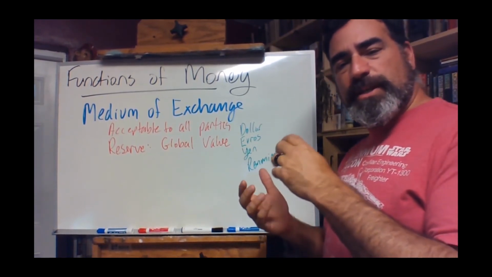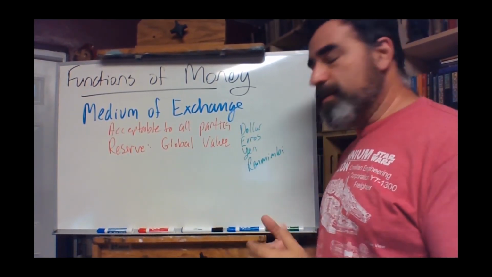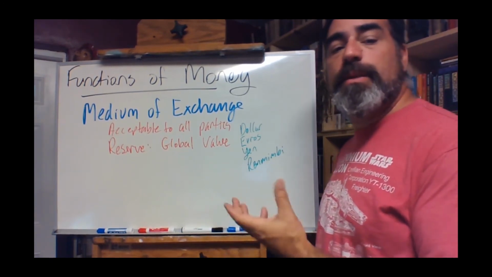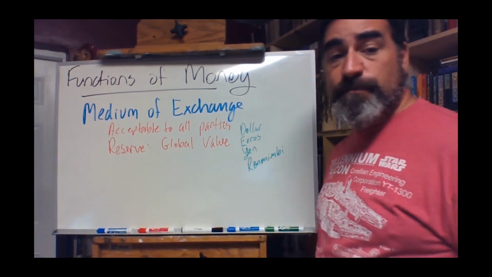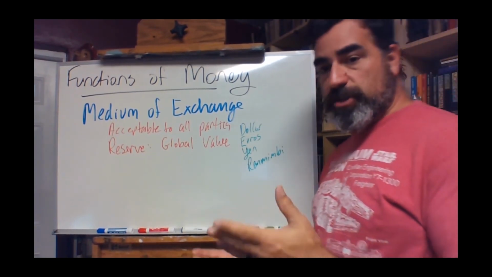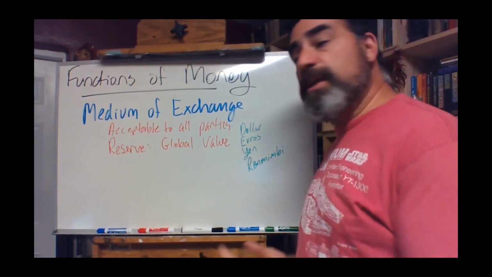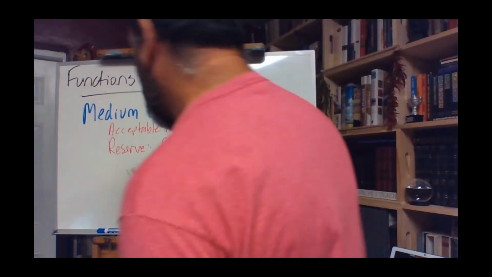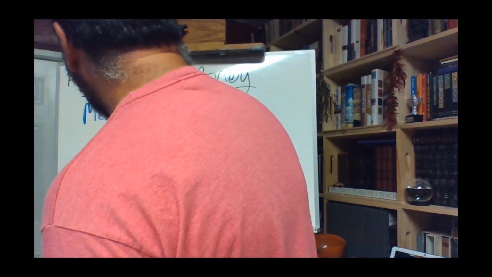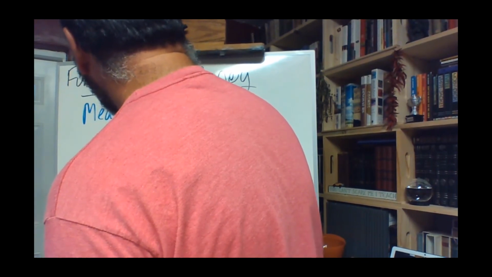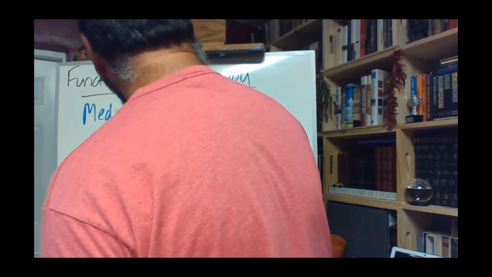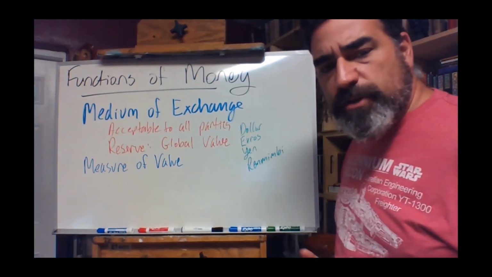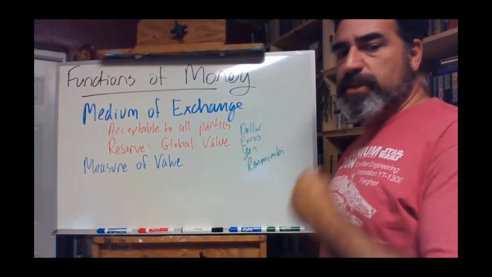So these media of exchange are arbitrary. There's no one rationale. There's no reason why gold has to be a medium of exchange and not dollars. It's just what we see as being valuable. Another thing that money does is serve as a measure of value. If everybody's using a different measure of value, it's very difficult to do business in a marketplace.